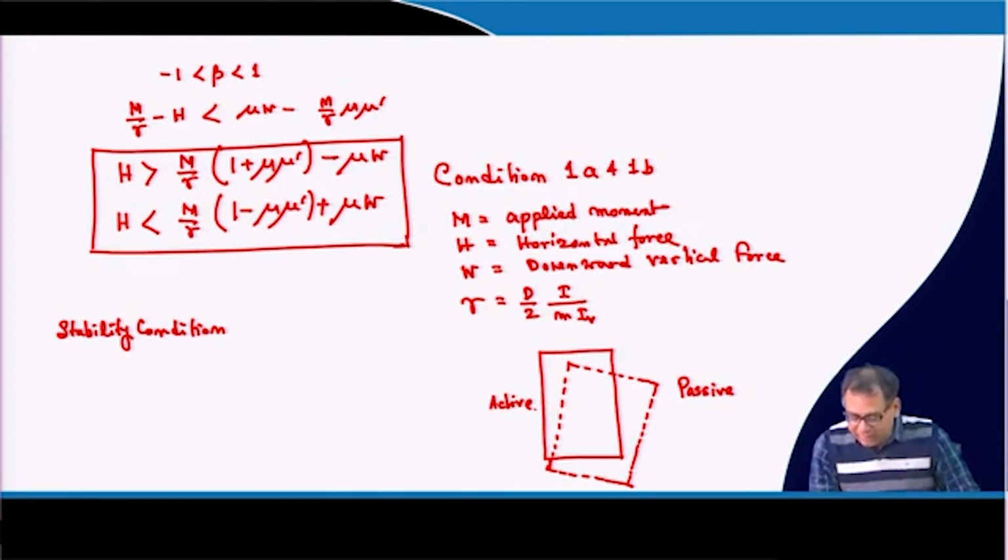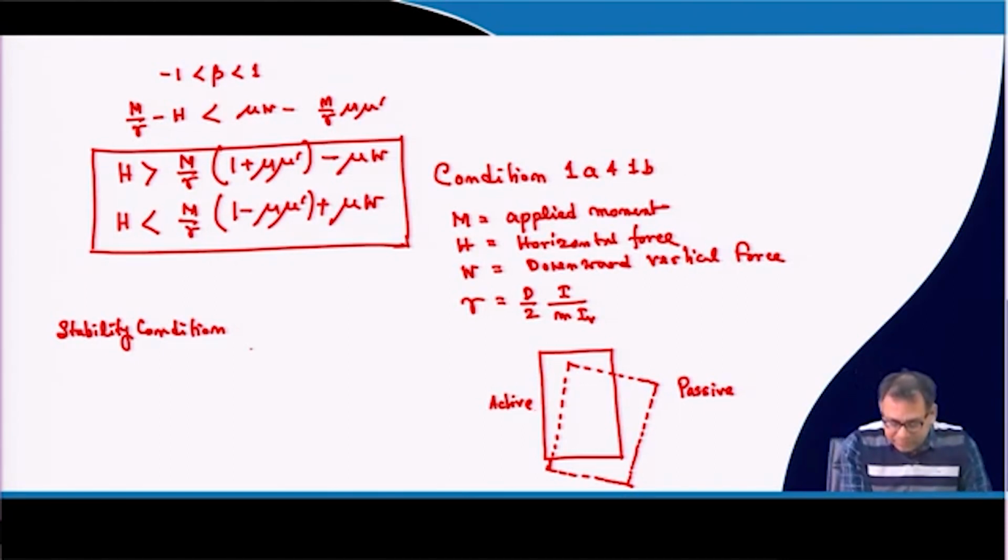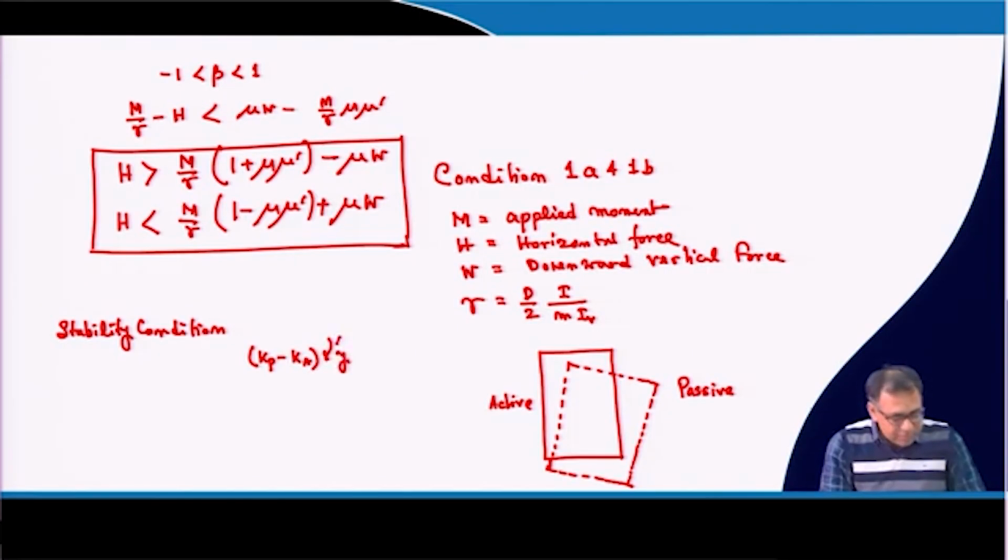So, the net pressure that will act here is (Kp minus Ka) into gamma into y, or gamma dash I can say, into y.